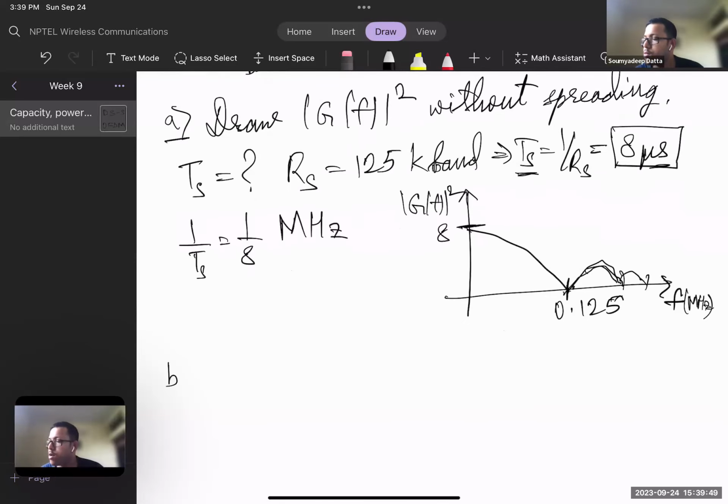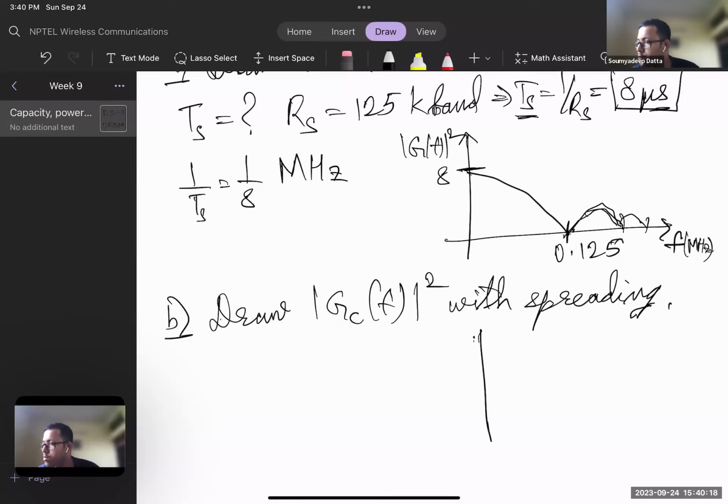And now if you are asked, okay, so essentially let's draw mod GC of f whole square with spreading. So what happens with spreading? So here just one unknown needs to be figured out. Let us finish.